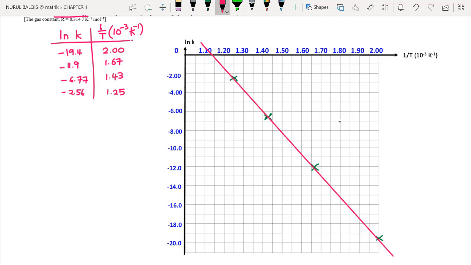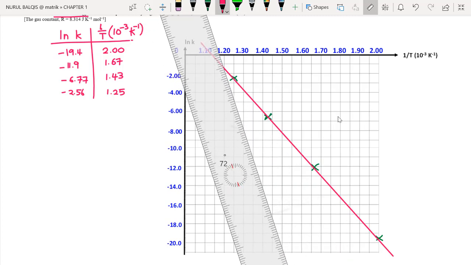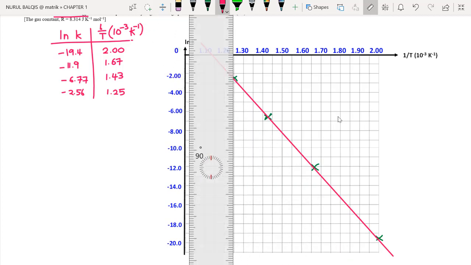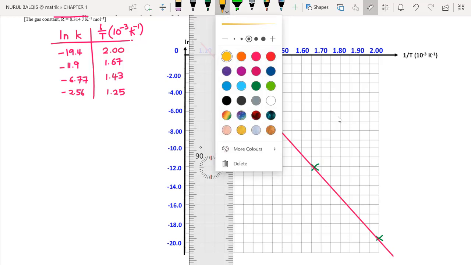Then, in order to find the gradient, we need to make a triangle. Since these points are on the line, from the first to the fourth point, let's change the color.